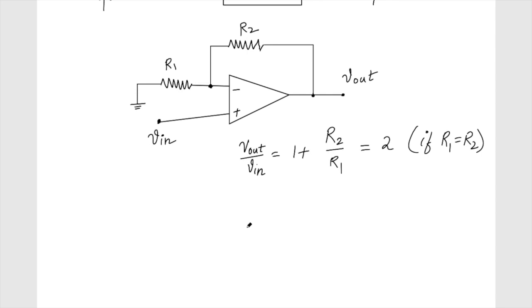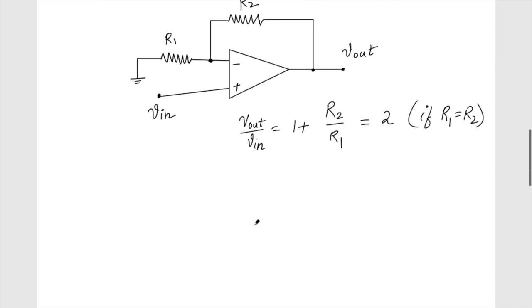To understand more clearly, let's draw a generalized diagram of the feedback circuit. Suppose I have this feedback network. I have the gain part, an amplifier of gain A, and this is my output.